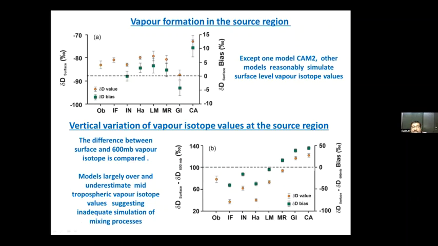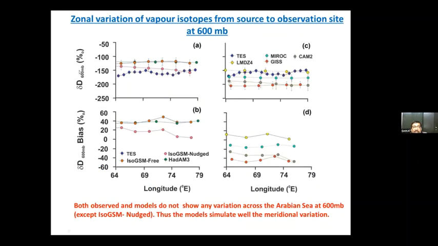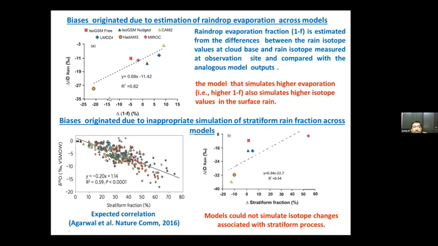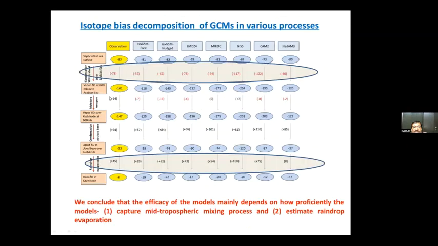So it indicates that the major biases are, let's go to the final figure, this is the quantification we made.